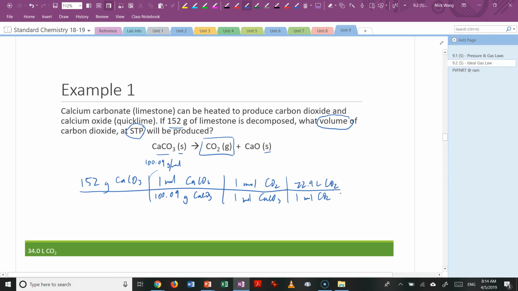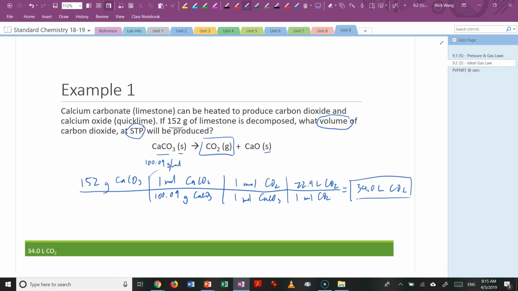It just happens to be that much. And then you do some math here, and you end up getting 34.0 liters of CO2 gas that is going to be produced by decomposing 152 grams of limestone.